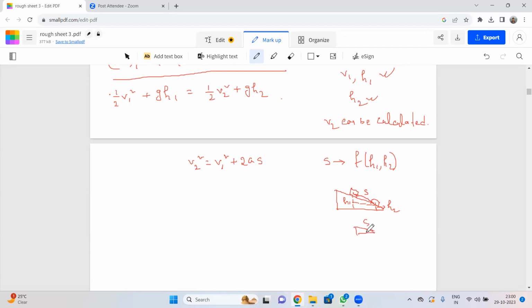This is your S, and here it is H1 minus H2, and the angle here we will know, theta. So from here you can calculate S. Ultimately you can find the acceleration.